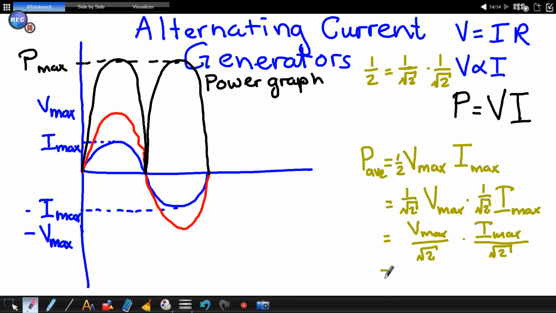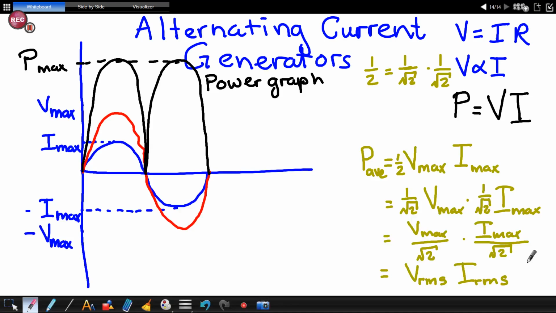This is called the root mean square potential and the root mean square current. So this is V RMS times I RMS. So it's root mean square, the mean average. Is it making sense now?